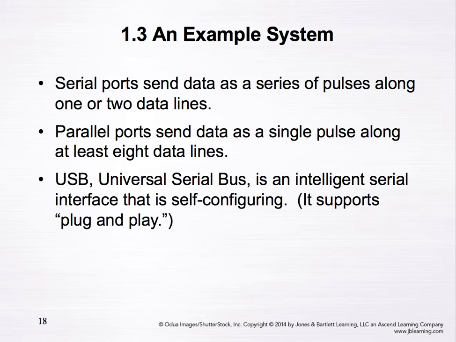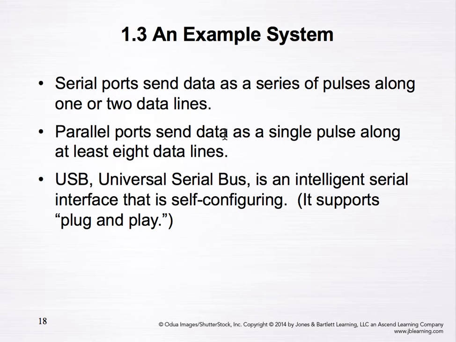The serial port basically allows the system to send data as a series of pulses along 1 or 2 data lines. So you can save the number of lines for data transmission, but the data is sent one by one. On the other hand, the parallel port sends data simultaneously at a single punch along at least 8 data lines.